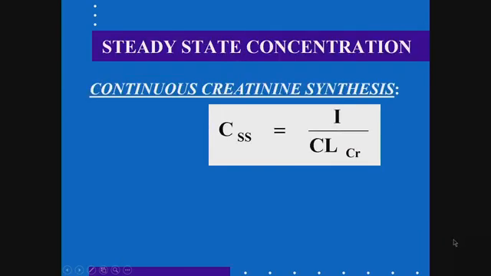And let's look at these steady state equations, because these are truly some of the most useful equations you're going to use in pharmacokinetics. So if we look at continuous synthesis of creatinine, the steady state plasma concentration of creatinine equals the endogenous rate of production of creatinine over the clearance.